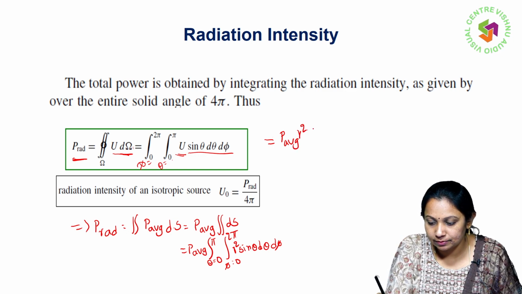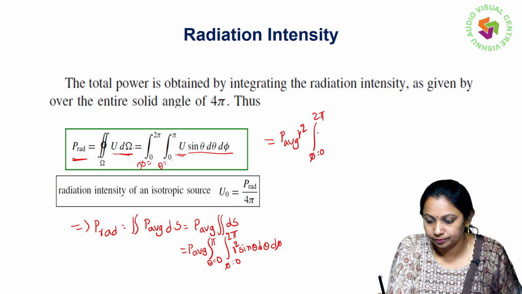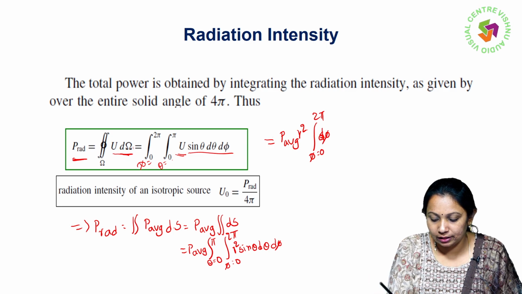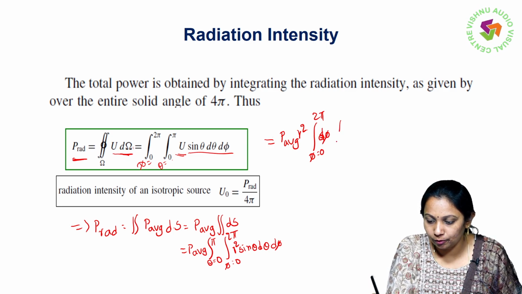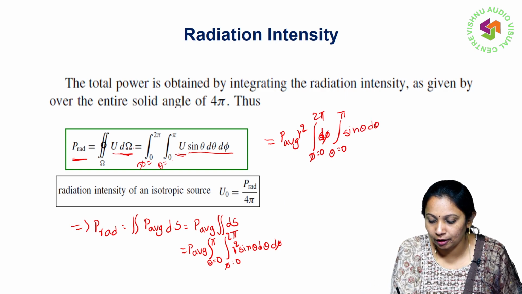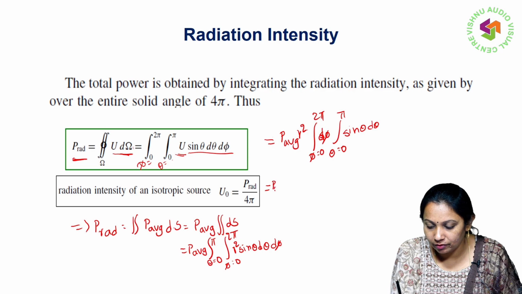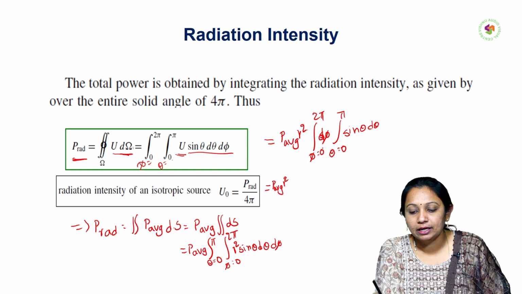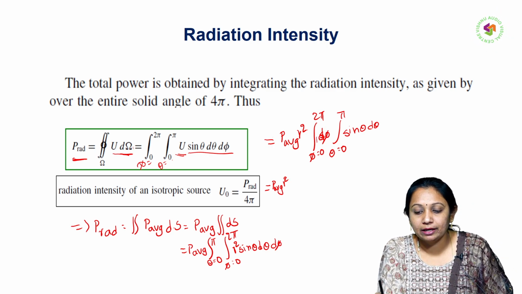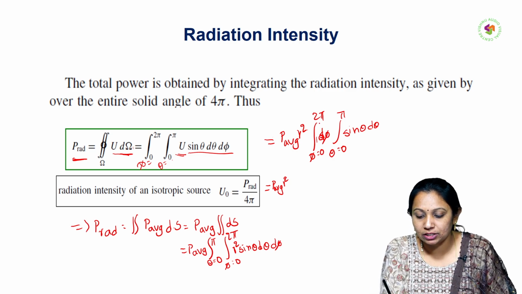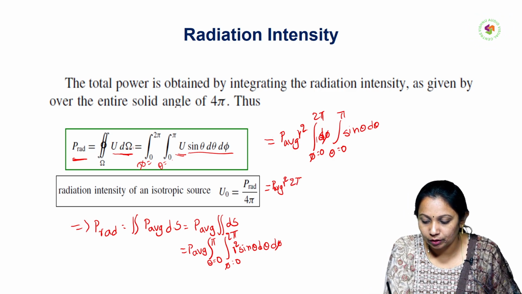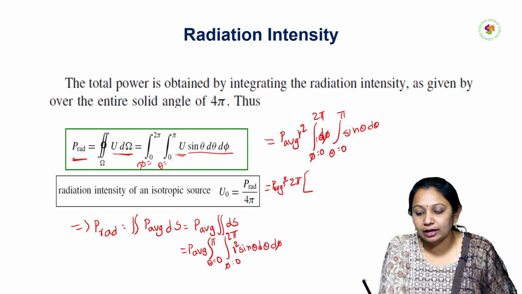So this will be written as the integral of phi from 0 to 2 pi of d phi, since we don't have any phi terms, times the integral of theta from 0 to pi of sin theta d theta, with P average into r square outside. The integral of 1 into d phi gives 2 pi minus 0, so 2 pi, times the integral of sin theta d theta from 0 to pi.